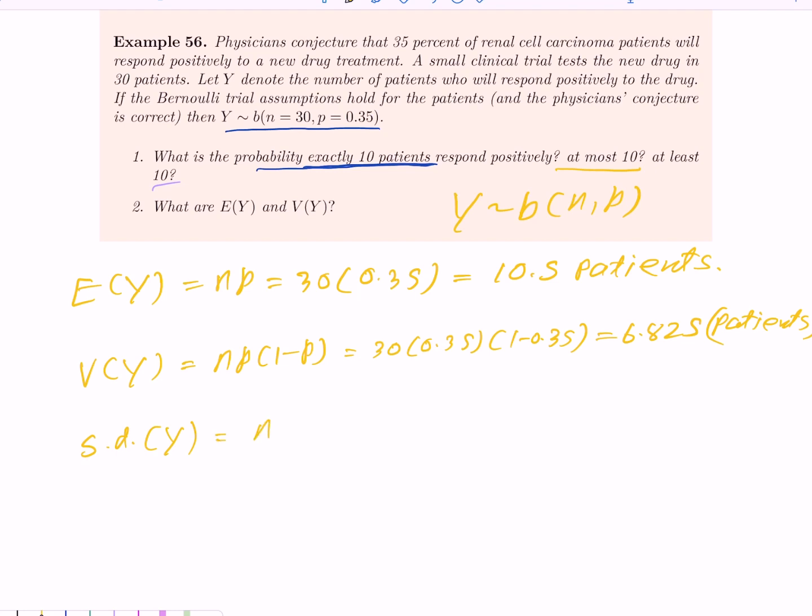That is the square root of np times 1 minus p, so the square root of 6.825. So you can say that is 2.61 patients. Yes, so that is the way we find the expected value, variance and standard deviation of a binomial distribution.